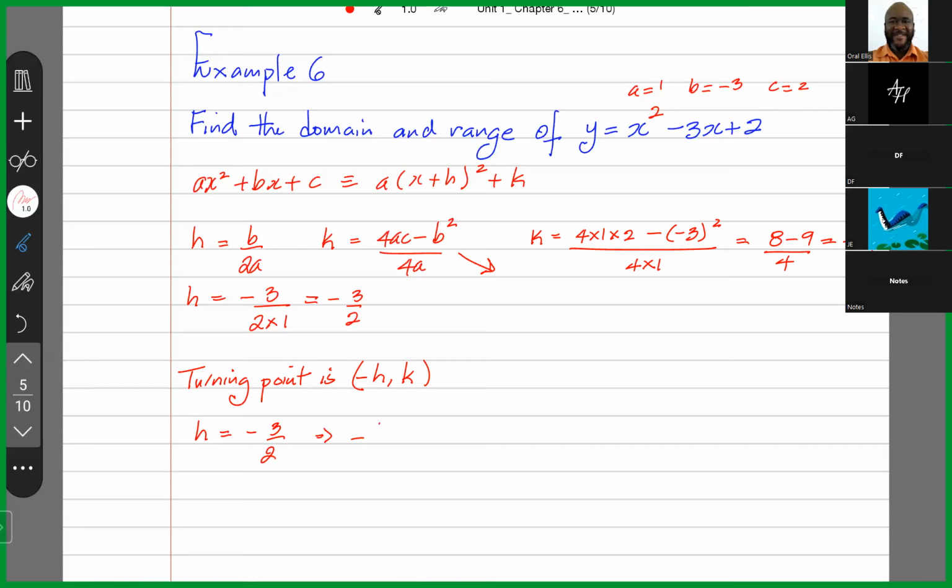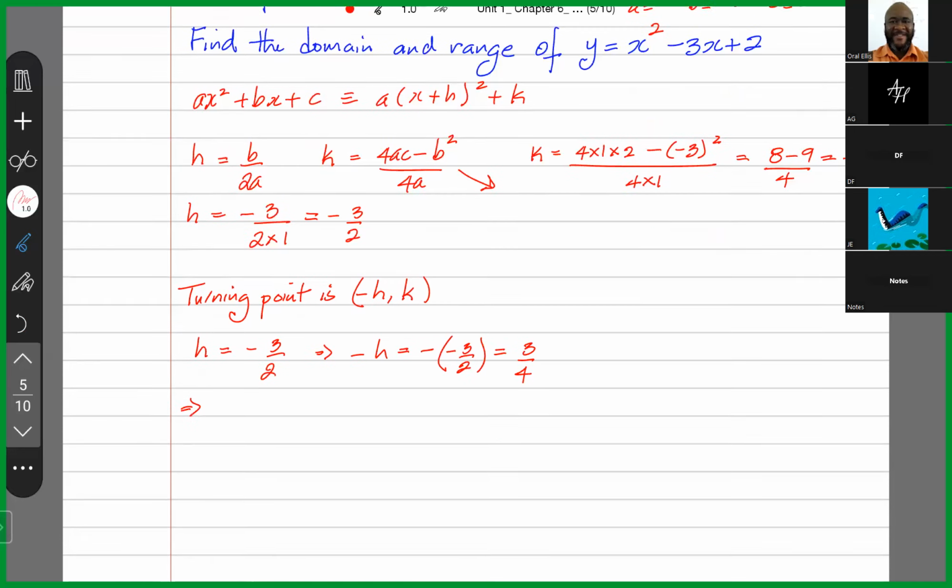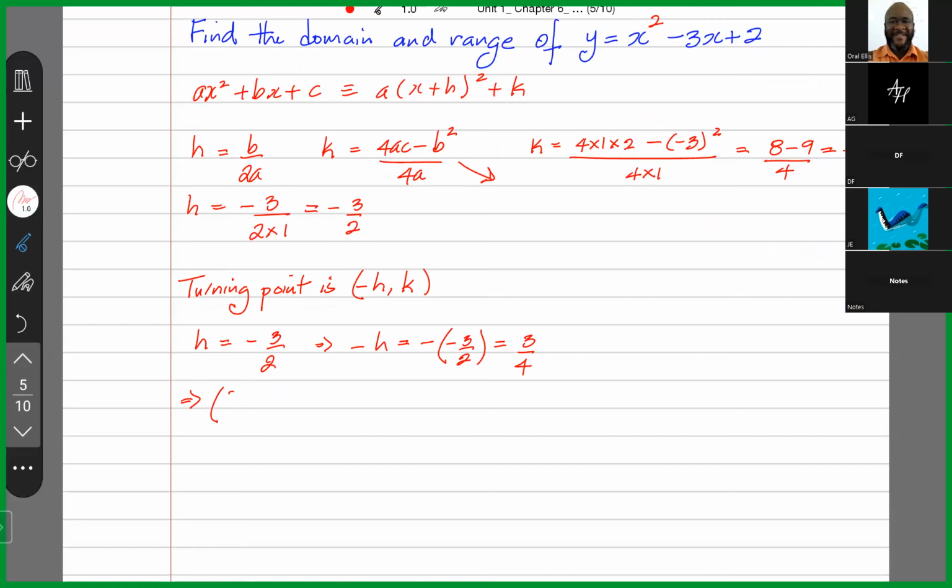Therefore, minus h is minus 3 over 2, which essentially is what? Positive 3 over 2. So therefore, minus h, which is 3 over 2, k, which is minus a quarter, is the minimum turning point. It's a positive x squared graph, therefore it will have a minimum turning point.